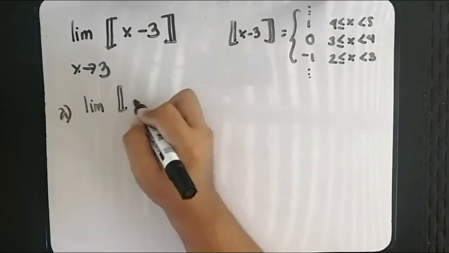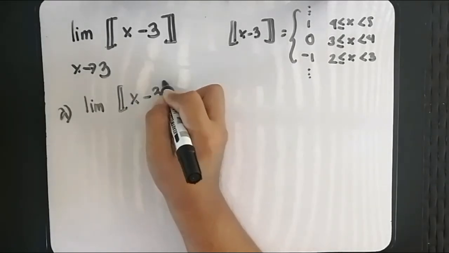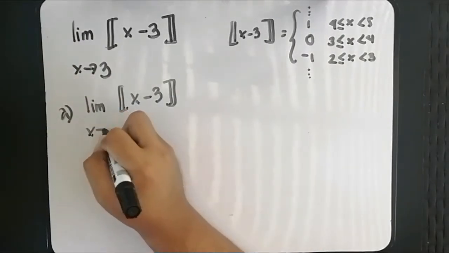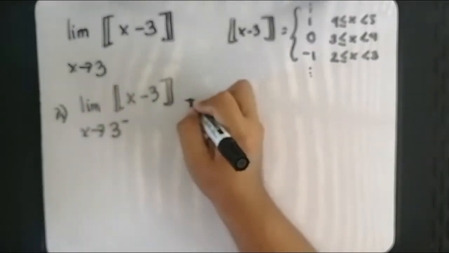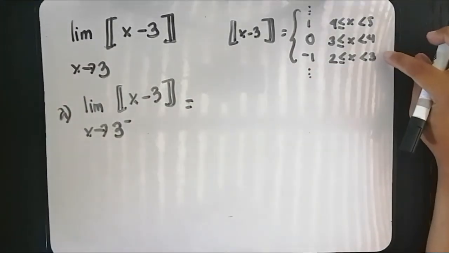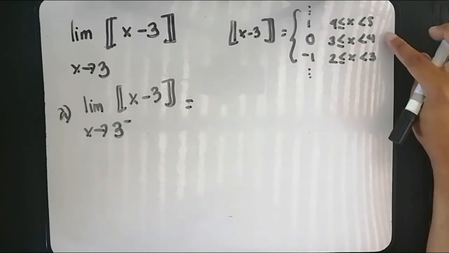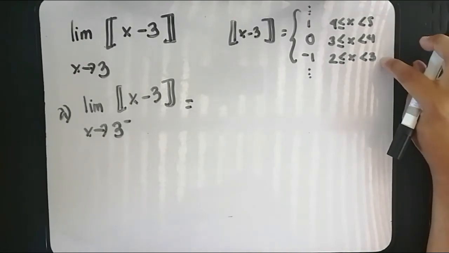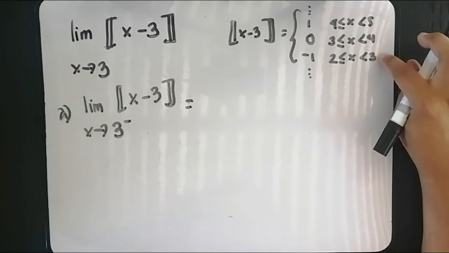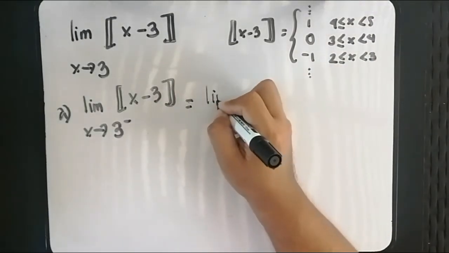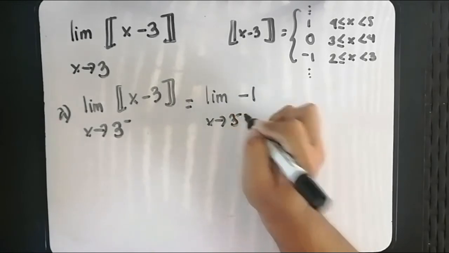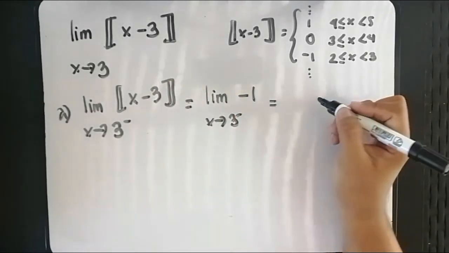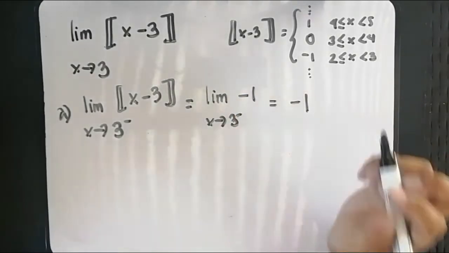Letter A: the limit of our function as x approaches 3 from the left. Tignan natin dito, nasaan ba yung less than 3? Eto, tama? So gagamitin natin yun. We have the limit of negative 1 as x approaches 3 from the left, which is equal to negative 1, limit of a constant.